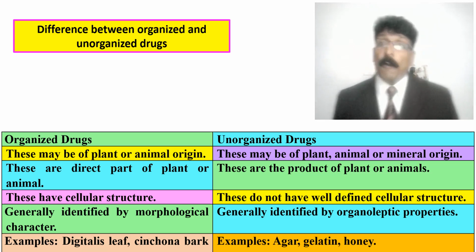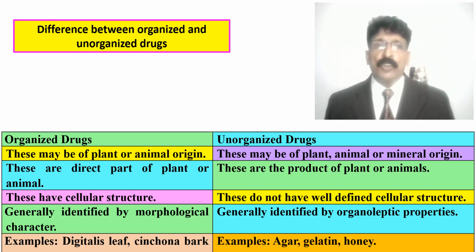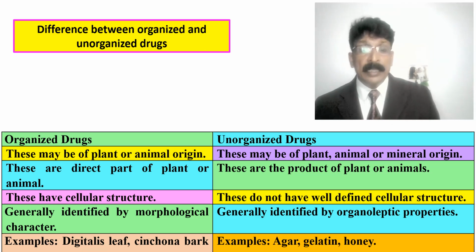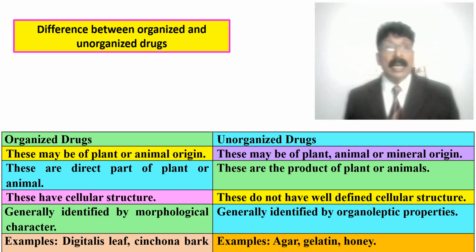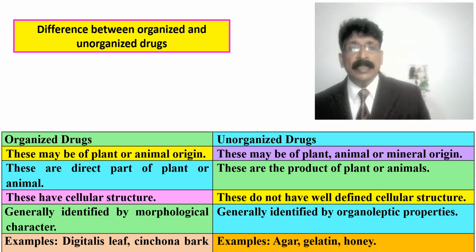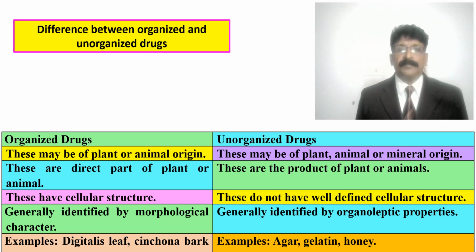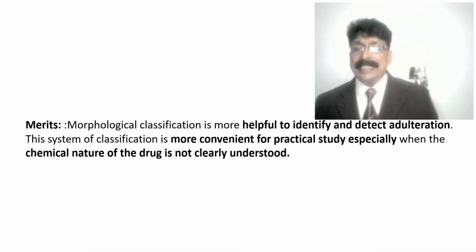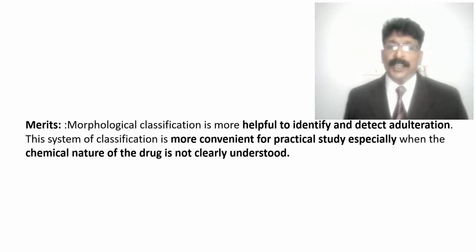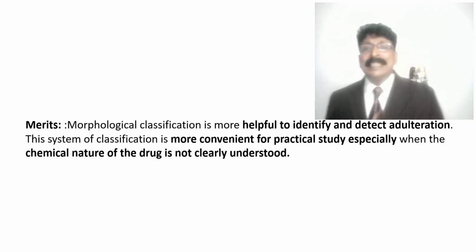Examples for organized drugs, we have seen many. For example, digitalis leaf, cinchona bark and ephedra stem. When you come to unorganized drugs, agar, gelatin and honey can be given as examples. Now the merits of this morphological classification: it is more helpful to identify and detect adulteration.